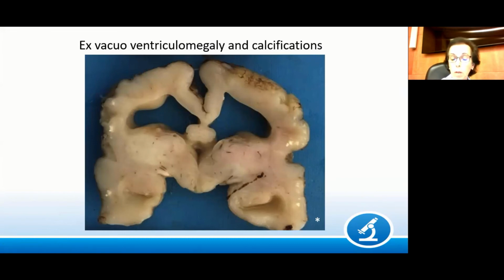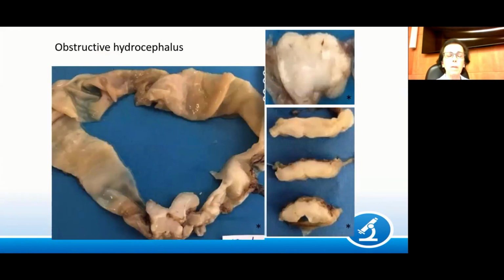But the problem is that in some cases there was not microcephaly. In fact, the size of the head was normal or even large. And in these cases, there was obstructive hydrocephalus. Due to the calcification here in the midbrain, the aqueduct was closed. There was a huge hydrocephalus.